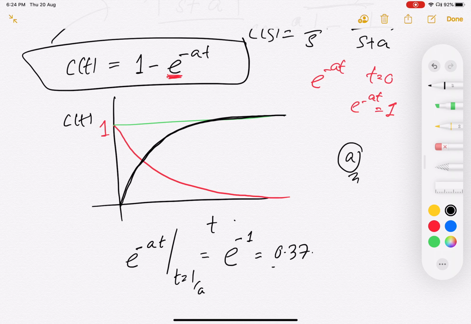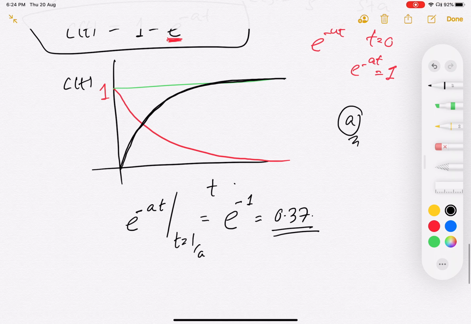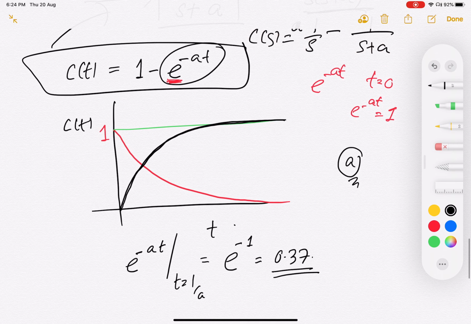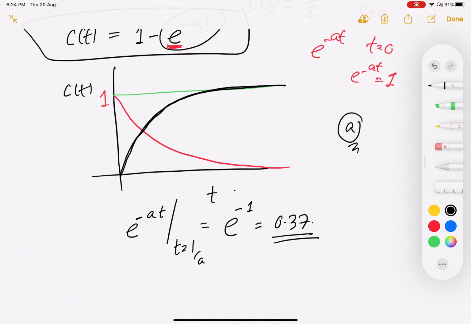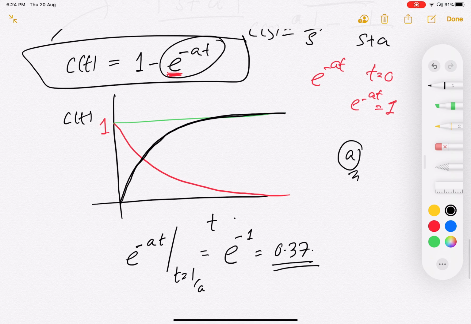So the exponential part, the decaying part, or the natural response, has started from 1. This red is the natural response, right? And 1 is the forced response in green, and black is the total response, right? So the natural response started from 1, and at t equal to 1 by a, it reduced to 0.37, right?